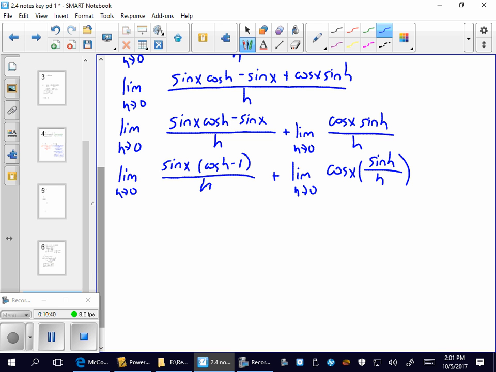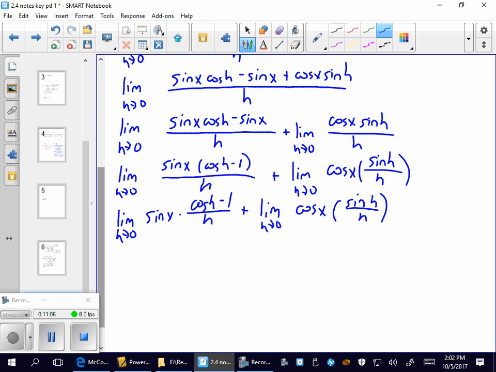Hopefully what you can see is that this first one is the limit as h approaches 0 of sine of x times cosine h minus 1 over h, plus the limit as h approaches 0 of cosine x sine of h over h.